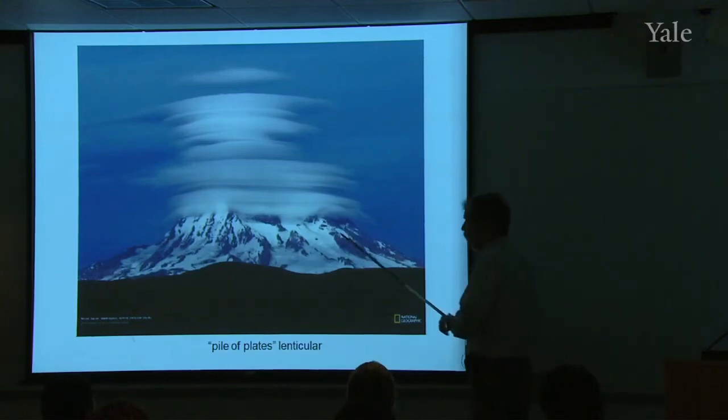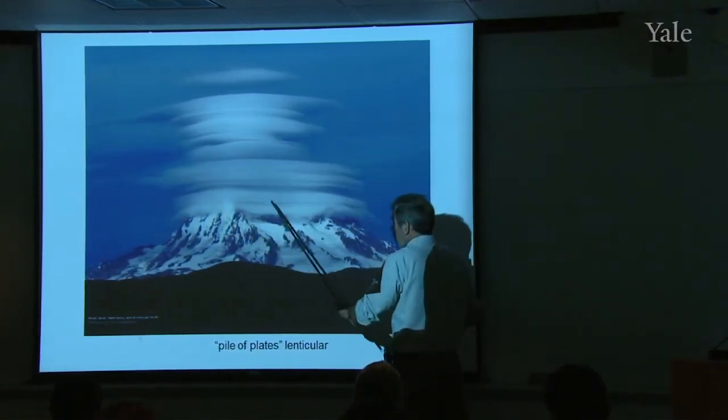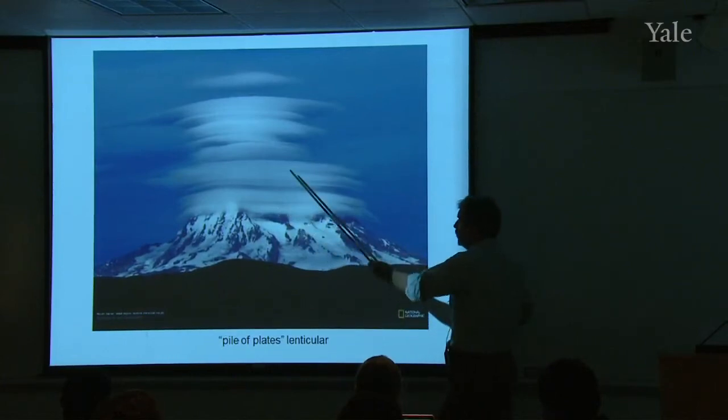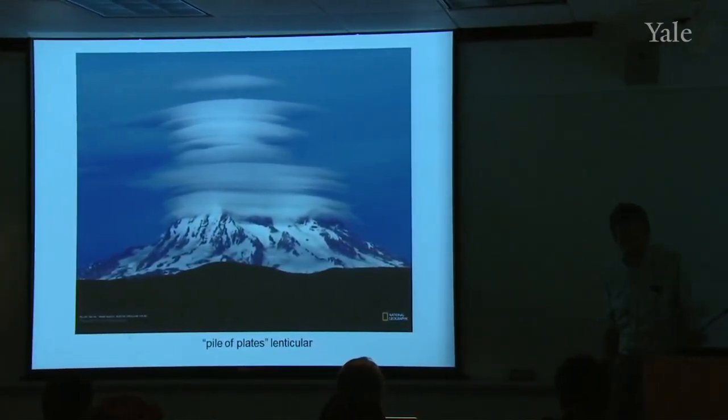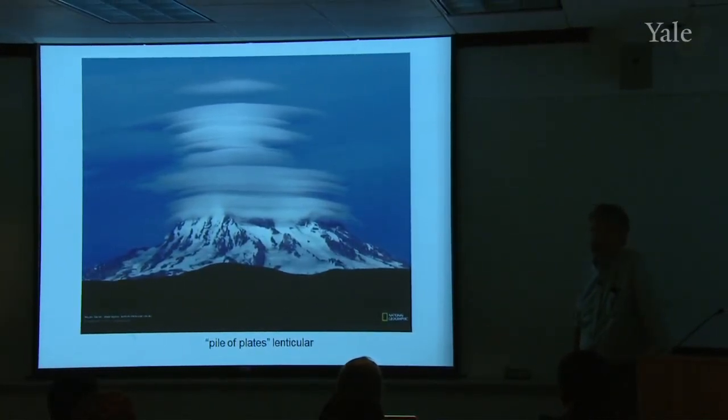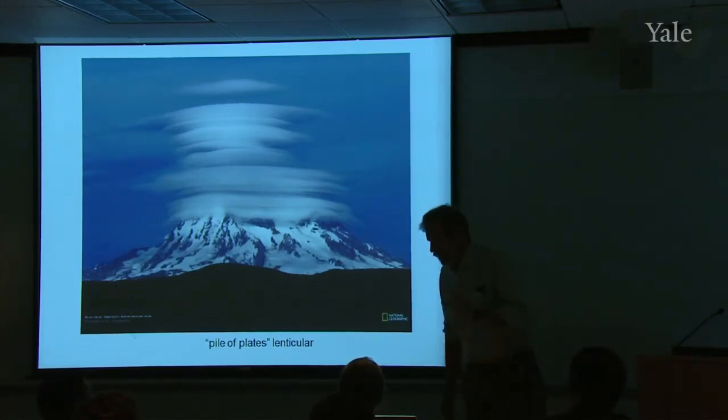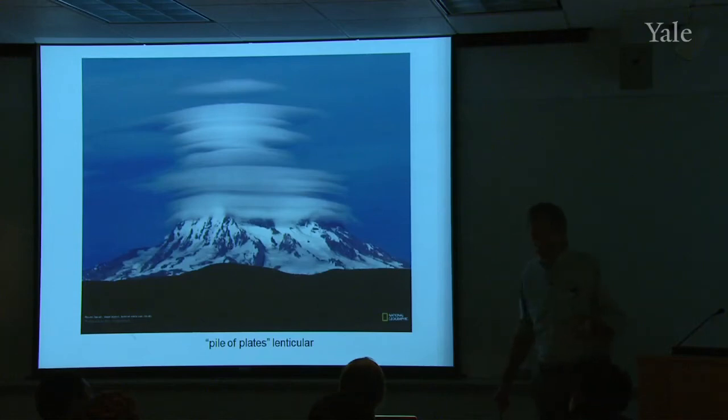These things are sometimes found almost connected with the mountain range as you see them there, but sometimes they're quite some distance above or even displaced from the mountain, in which case they have been very frequently identified as UFOs, unidentified flying objects. In fact, a very large fraction of the UFO reports over the last 100 years can ultimately be explained in terms of lenticular clouds.